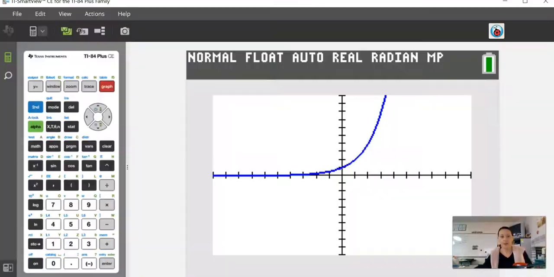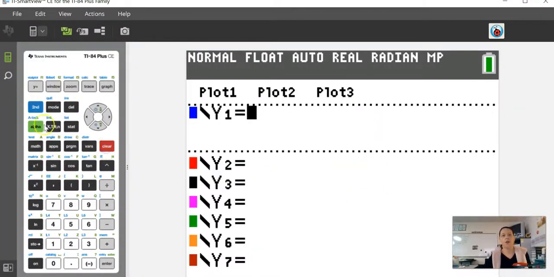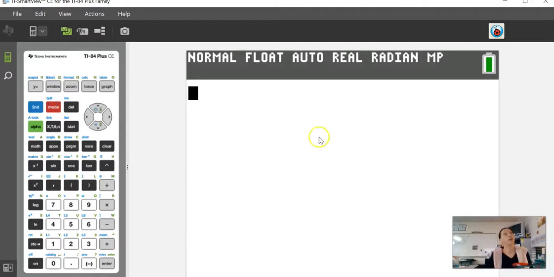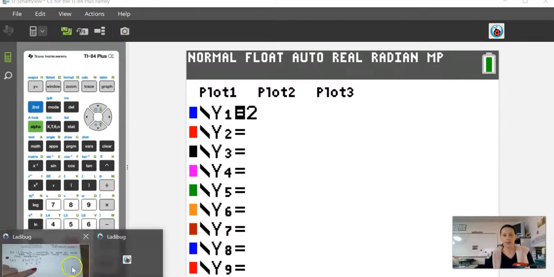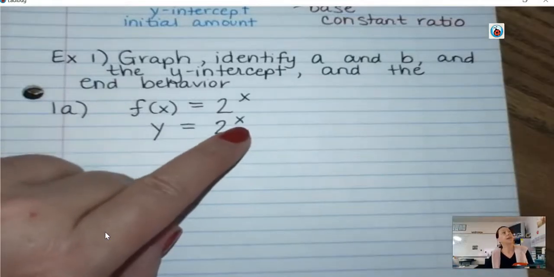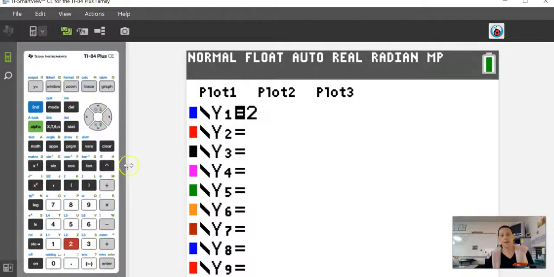On the graphing calculator, let me clear it out first. Okay. So if you're on a blank screen, click y equals. It's right up here on the left-hand side. And then type in 2 because that's the base here. Then to get it to go up in the air, we have to type in the exponent key, which is a caret. It's right above the division sign.